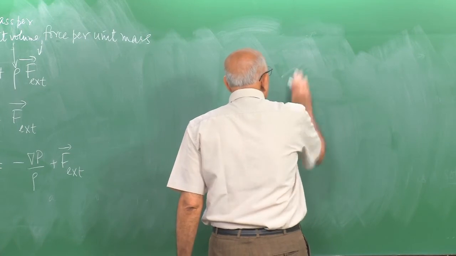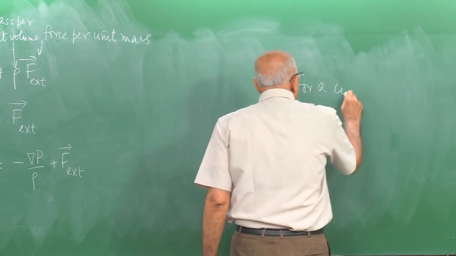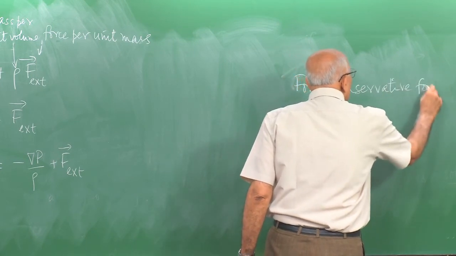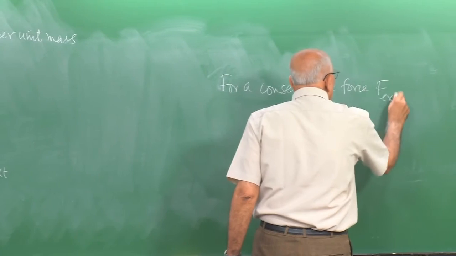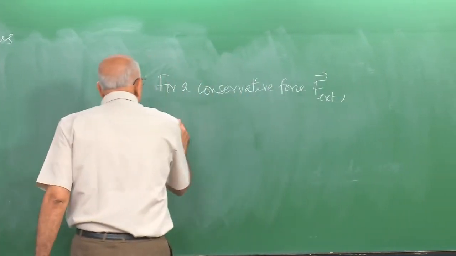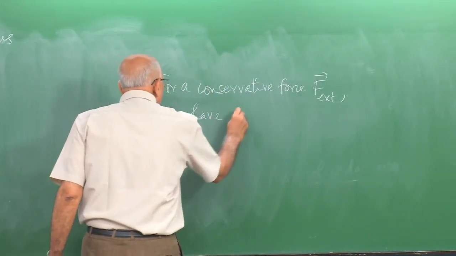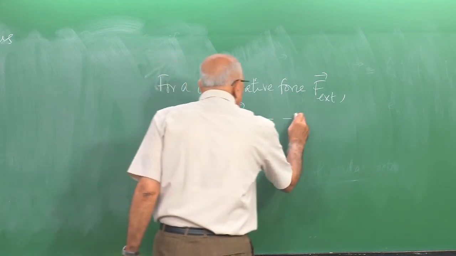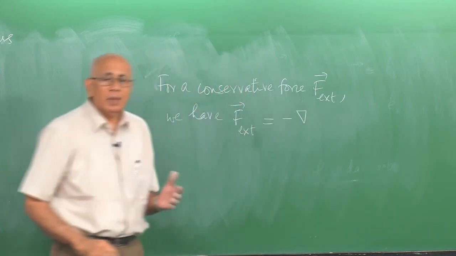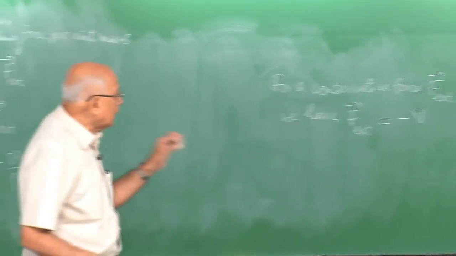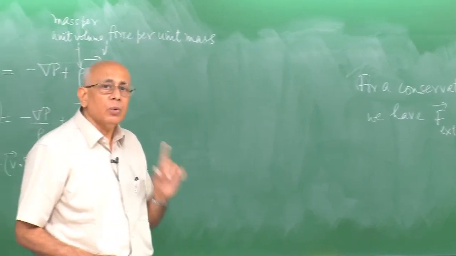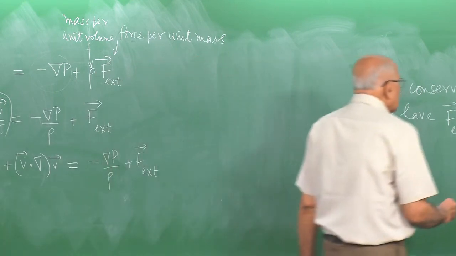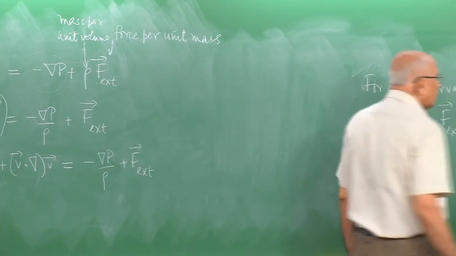for a conservative force F external, we have F external equal to minus the gradient of some scalar potential phi, which has the physical meaning of the potential energy per unit mass, because this F is the force per unit mass.